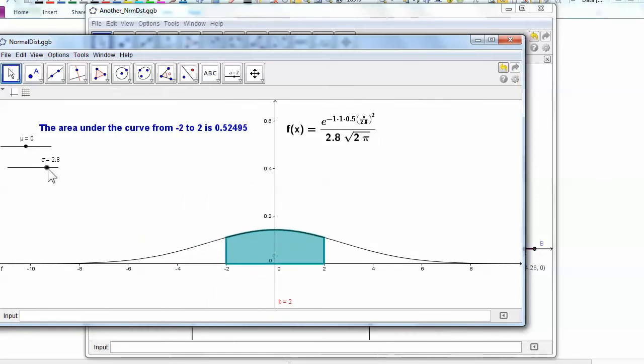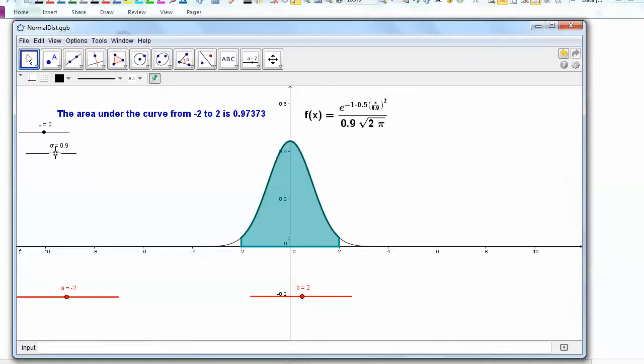As the standard deviation gets smaller, the spread gets smaller, or the distribution gets thinner looking.